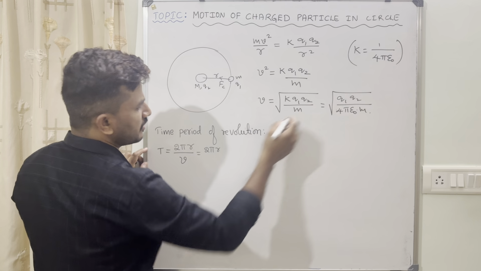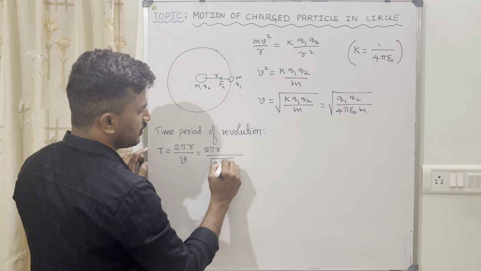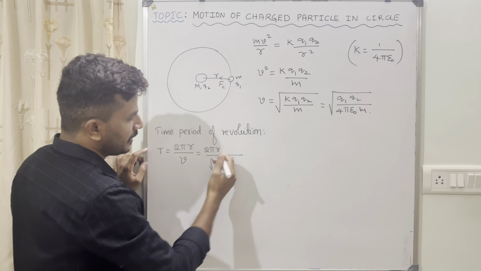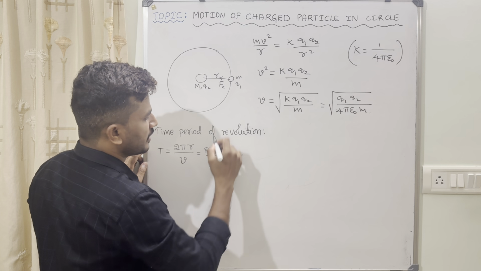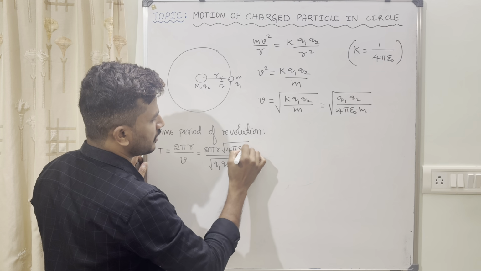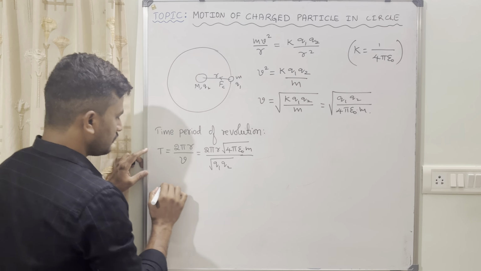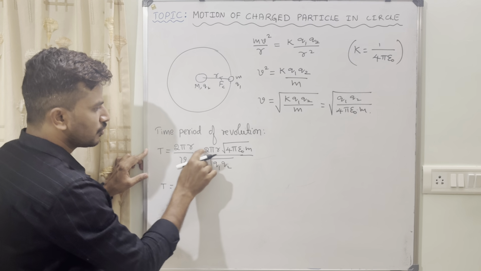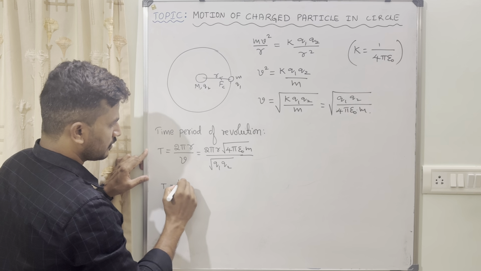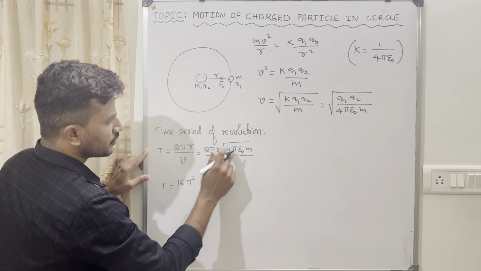What is velocity? Square root of q1 into q2 divided by 4 pi epsilon naught into m r. Take this one to this side, inside you will get 2 2s are 4, 4 4s are 16, pi square into pi, pi cube, r square.